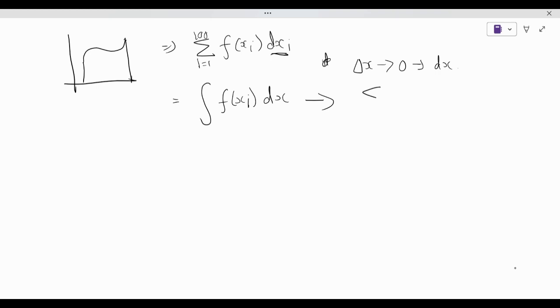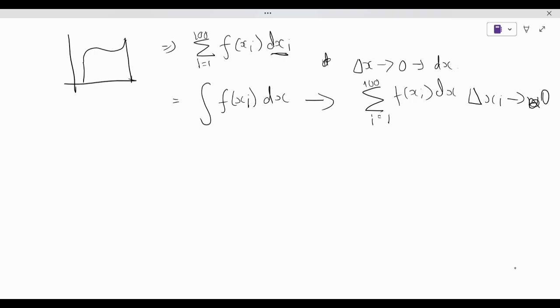This is related to this term f of xi dxi, having delta xi tends to become 0.